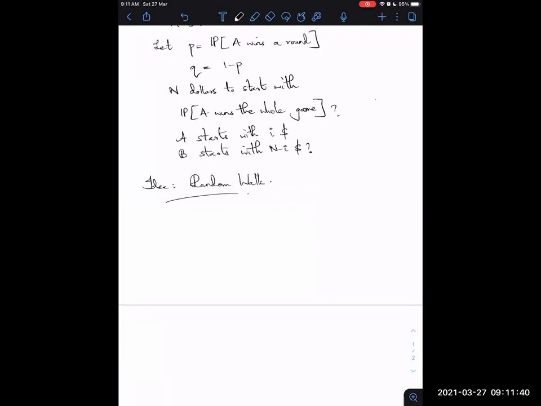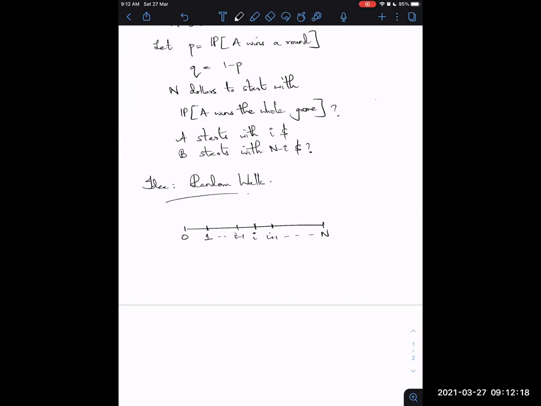For now, let's consider an integer indexed line segment. Let this line represent the amount of money that's being gambled. It can range from 0 to N, and A starts at position I.